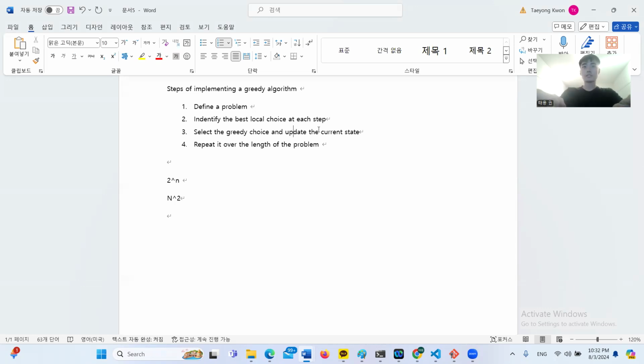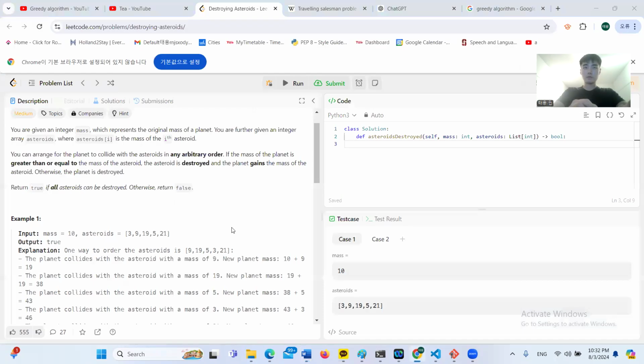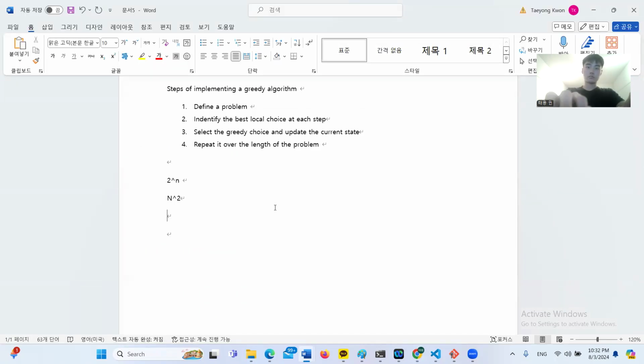Because that will be the best step at each stage, eating up something that's smaller or the same mass as you. So in order to do that, and we're given an array, I would say we use a sort. So quick sort, we're going to use sort.